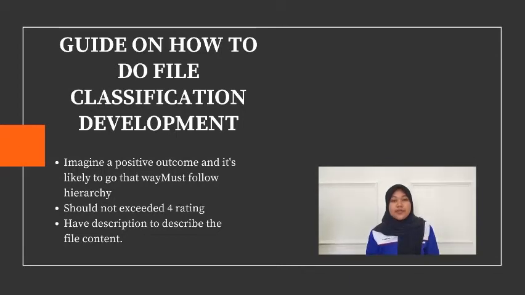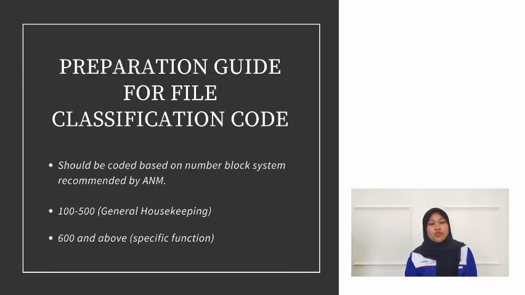The hierarchy should not exceed four ratings, which start from the function, followed by activities, then sub-activities, and lastly files. Each level of the hierarchy is provided with a description to describe the content of the file.